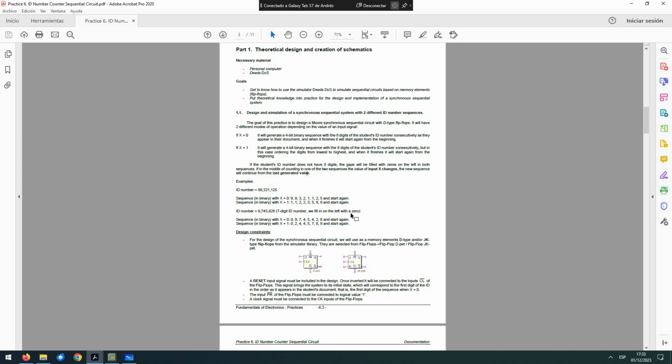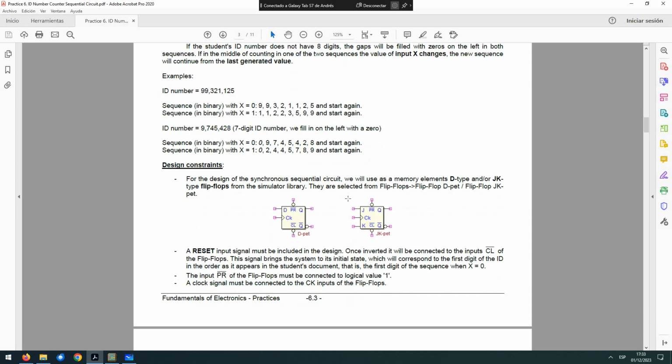The design constraints are the following. You can use D or JK bistables, and you have freedom to select the ones you want to work with. So you can use D or JK, you decide.